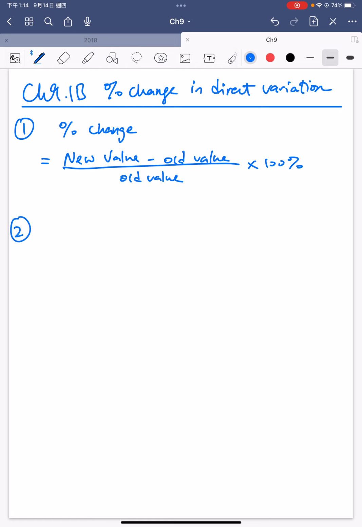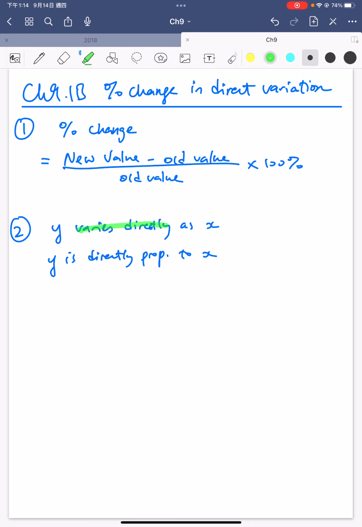And the second one is to understand that when you say something like y varies directly as x or y is directly proportional to x, this whole thing can be changed to a symbol, y is proportional to x.